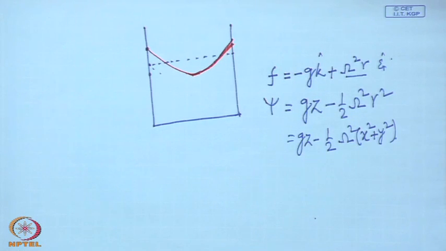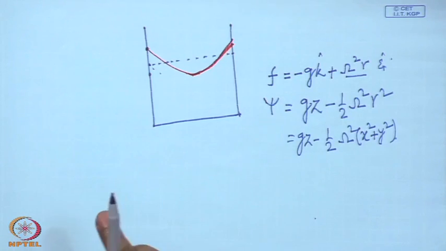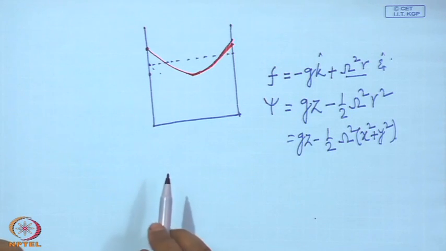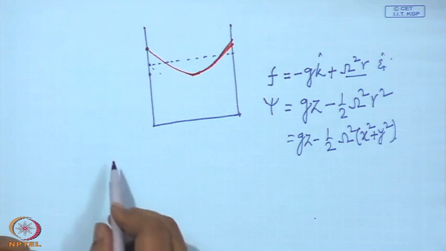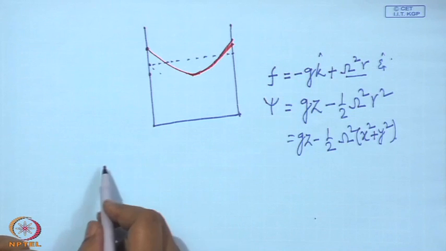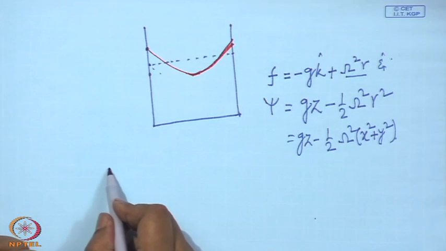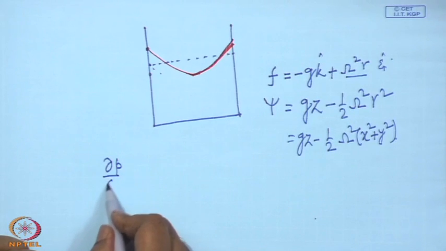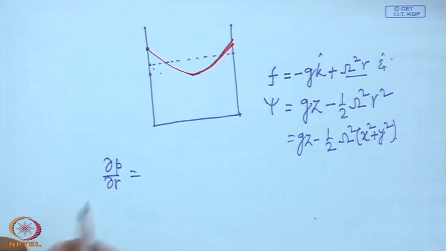Now, if we want to find the pressure distribution, then we write that equation for pressure. What is dP dr?